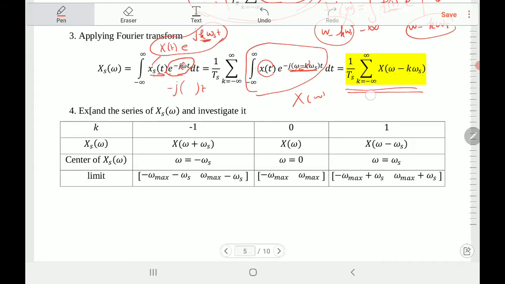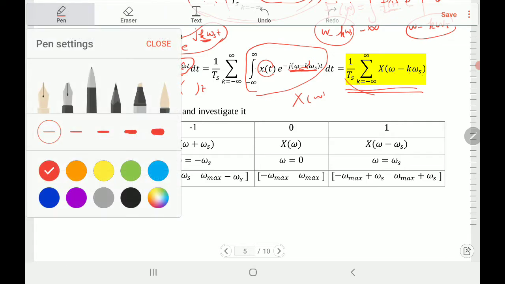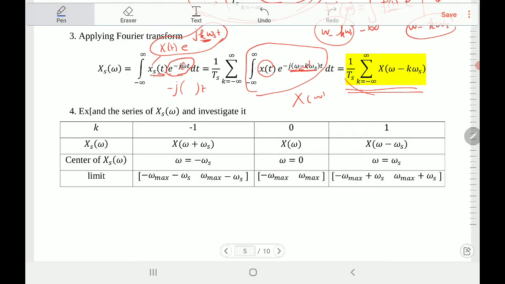Let's look at this summation. I will just get some terms. I will substitute by k, not all the values, of course. Remember, what is that expression? That's X s of omega. Let's just change the color to make it clear because it's really important. All right. So X s of omega is equal to many terms.